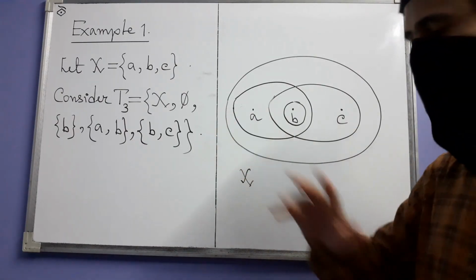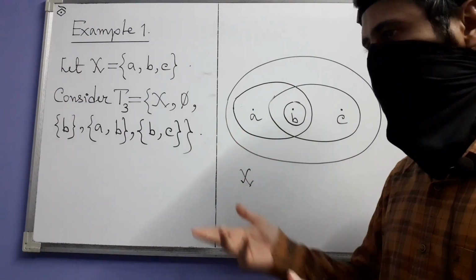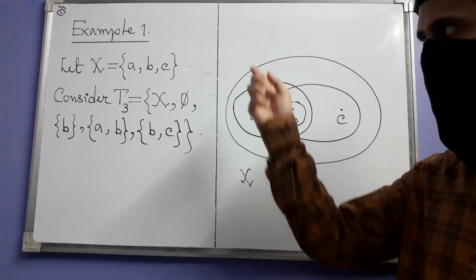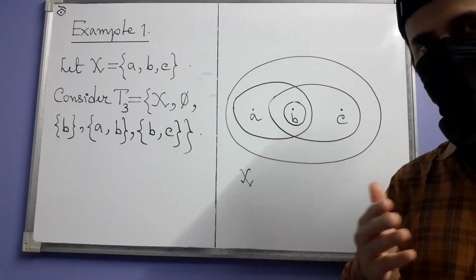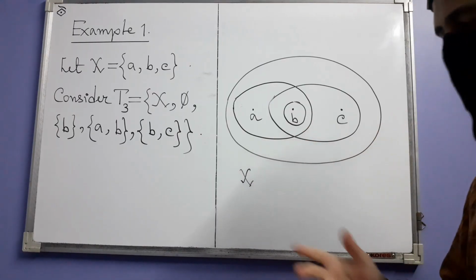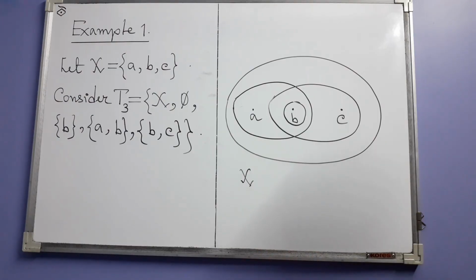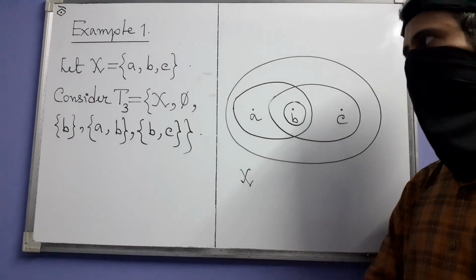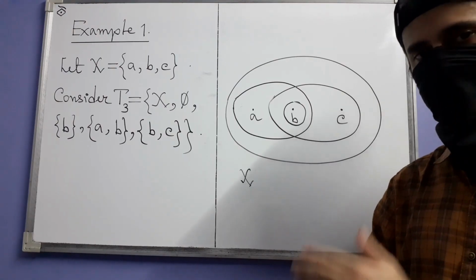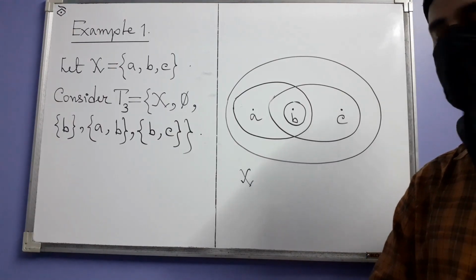So these two topologies, T2 and T3, in that sense are not comparable, unlike T1 and T2, where one is sitting inside the other. But it happens. So this is another example of a topology on X. So you get another topological space X comma T3.